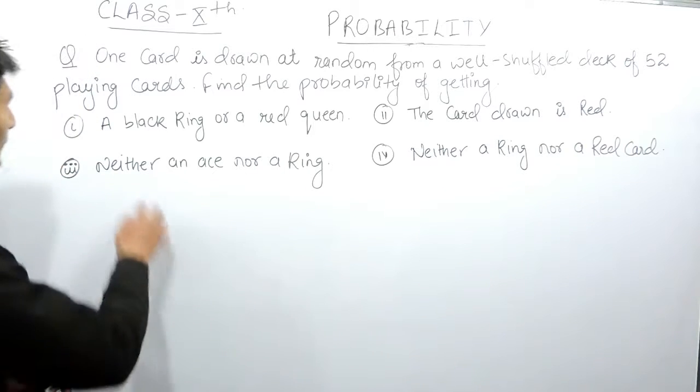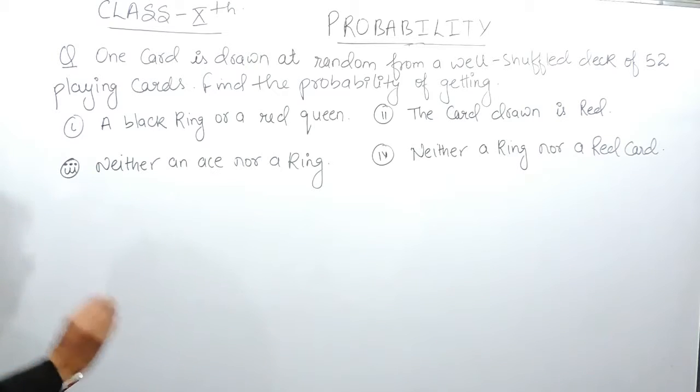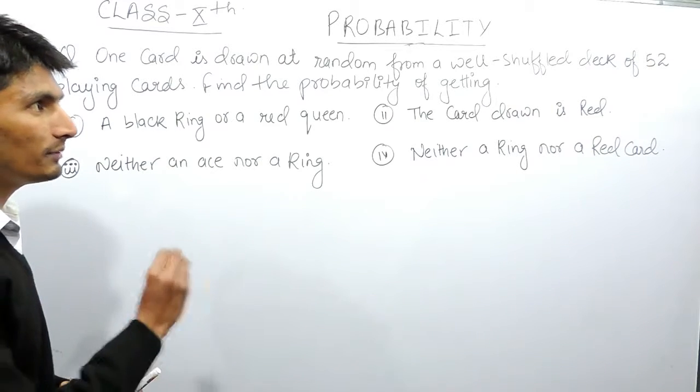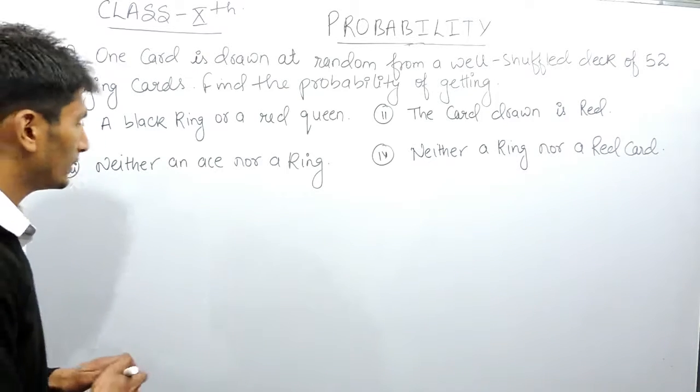There are 52 playing cards given. So if you are taking a card from 52 cards, then the total number of outcomes will be 52 because the sample space is 52 here.